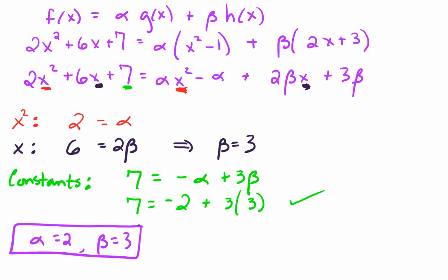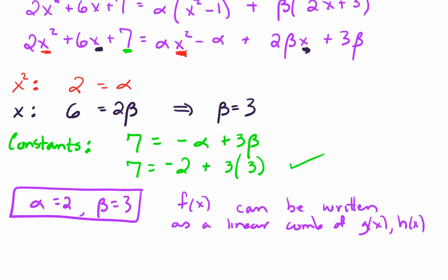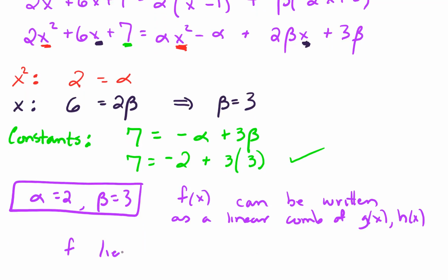And so our conclusion here is that f of x, or f, can be written as a linear combination of g of x and h of x. So we could say that f lies in the span of g and h.